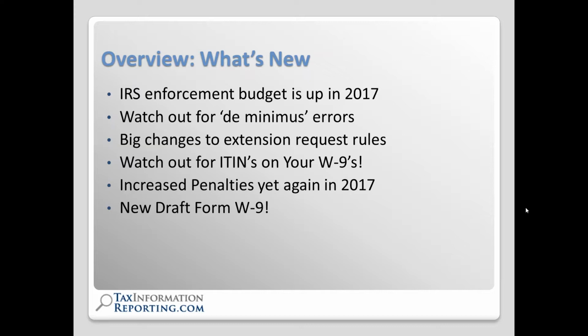Those W-8s are very similar to the W-9. In essence, they're the documents you use to get the data from your payees who are nonresident aliens and to whom you've paid U.S.-sourced income during the year. All of that could then end up being reportable on the forms 1042, 1042-S.